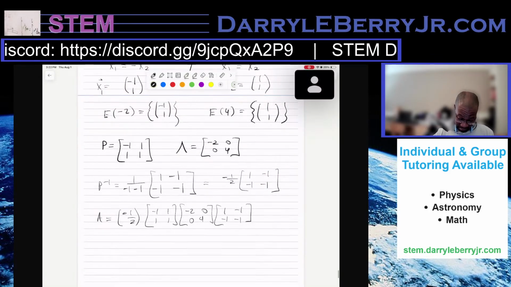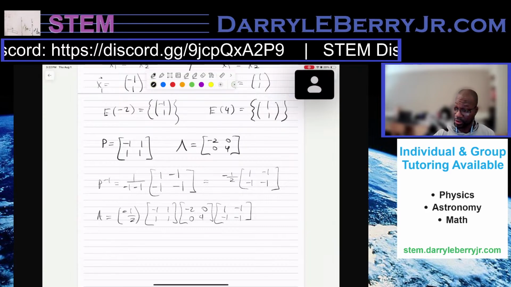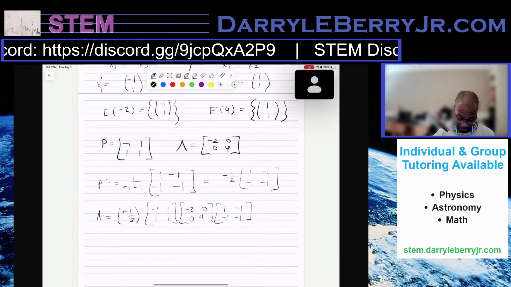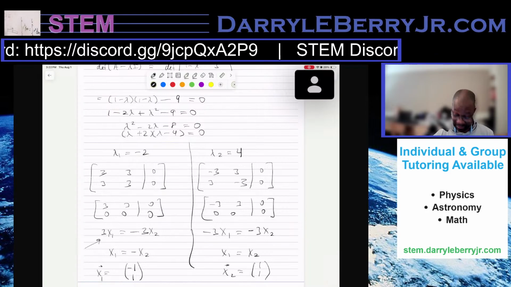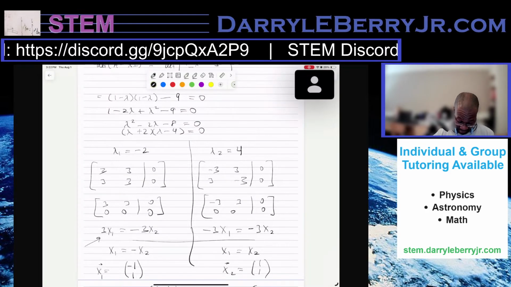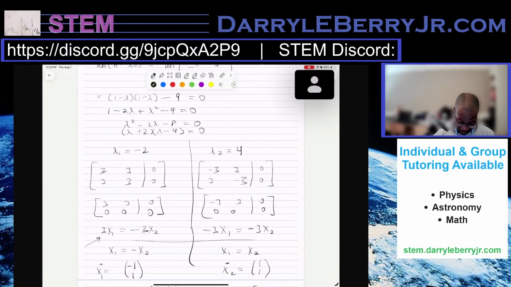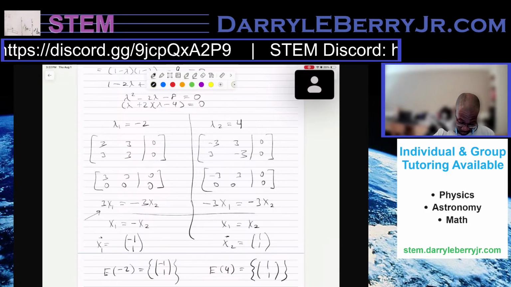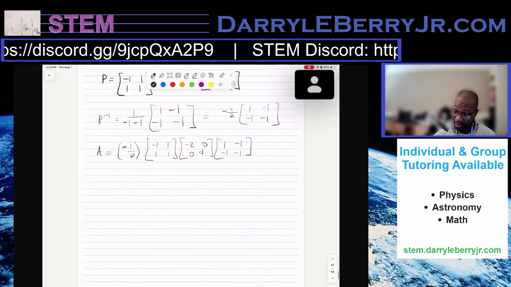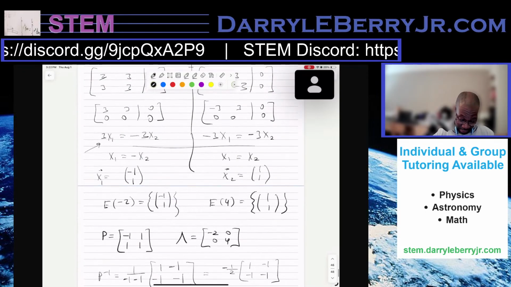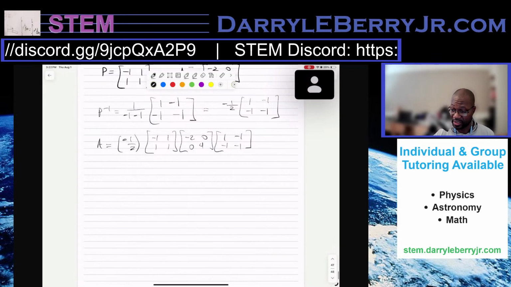If you look at it, he kept the threes. Let's look at what he did there. He kept these threes. And I chose my x2 to be positive, he chose his x2 to be negative.